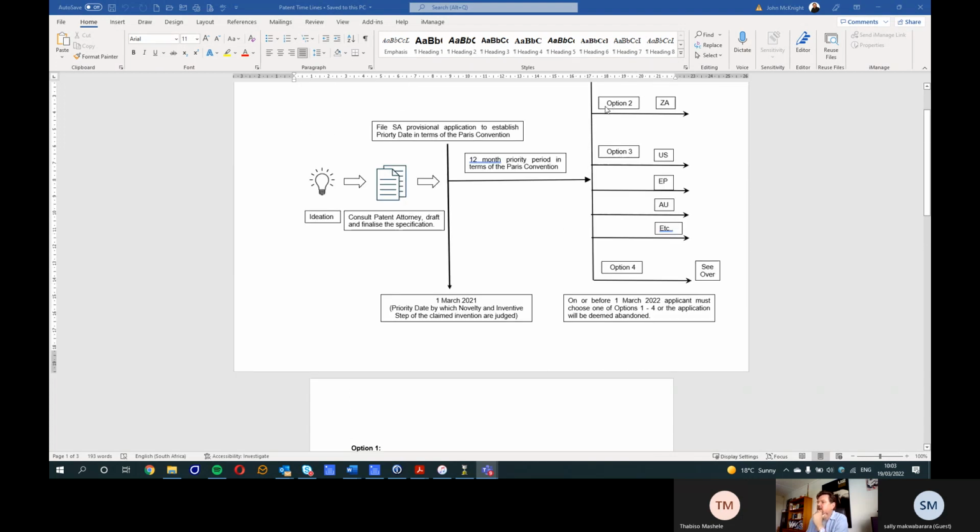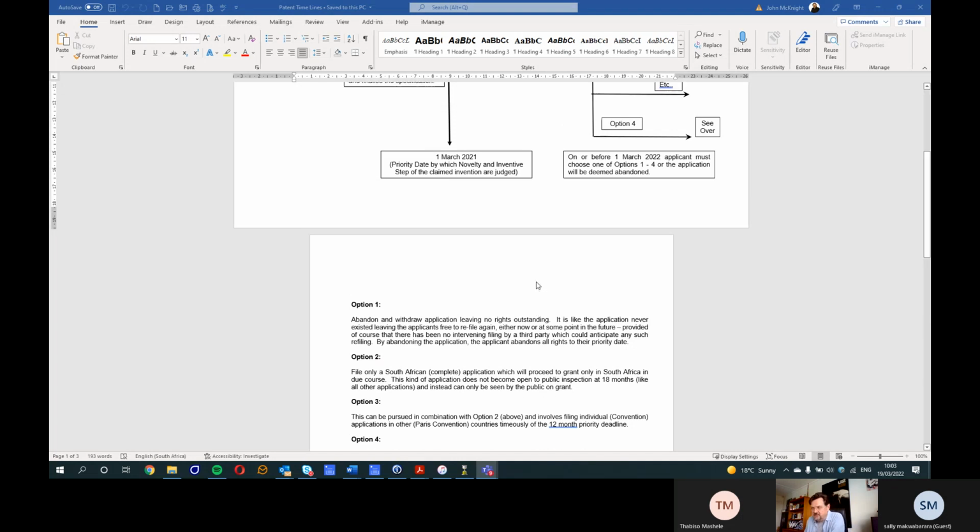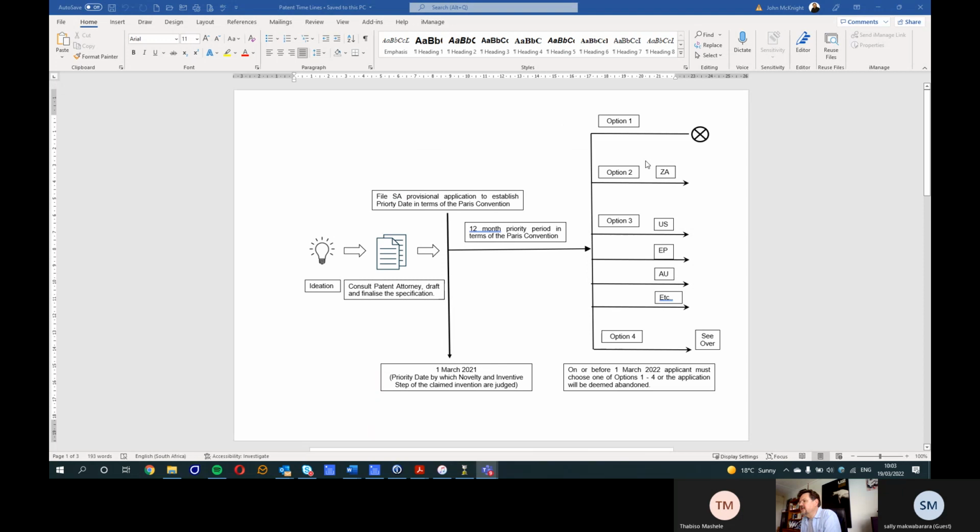So this way it remains secret a little bit longer. Why? I don't know. It's just one of those weird things in South African law that if you take option 2, this application does not become open to public inspection at 18 months like all the other applications, and instead can only be seen by the public when it is granted. Okay, so that's your South African one.